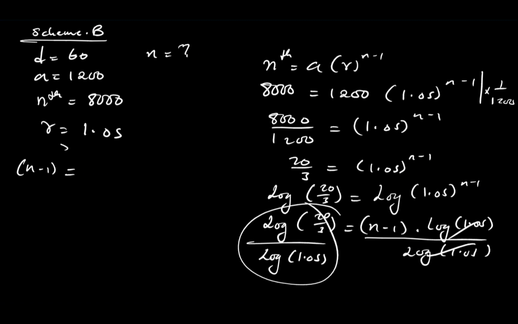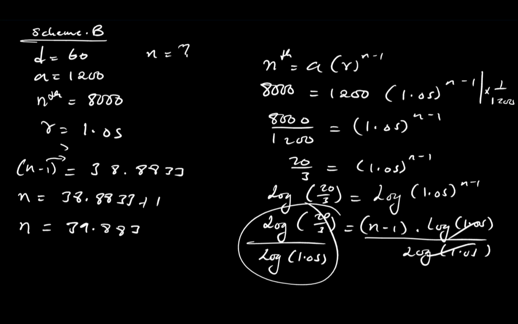All right, so if we compute that, we're supposed to end up having, if I round this off, 38.8833, and then taking 1 to the other side, I have n being equal to 38.8833 plus 1. Then my n is equal to 39.8833, like that.